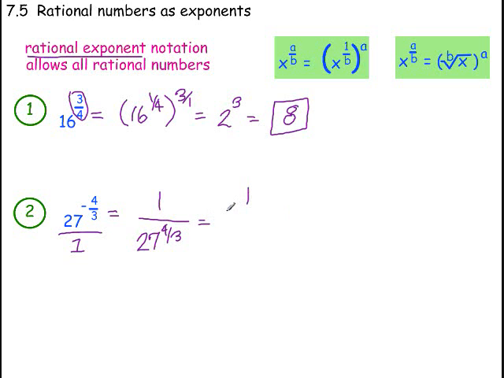Now I have to deal though with it being in the denominator. I'm going to take the root 3 and put the power on the outside. Why am I doing that?